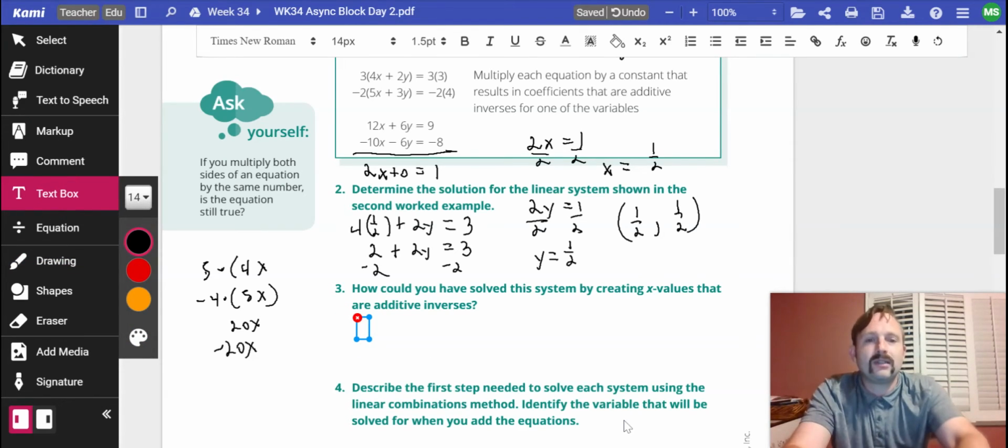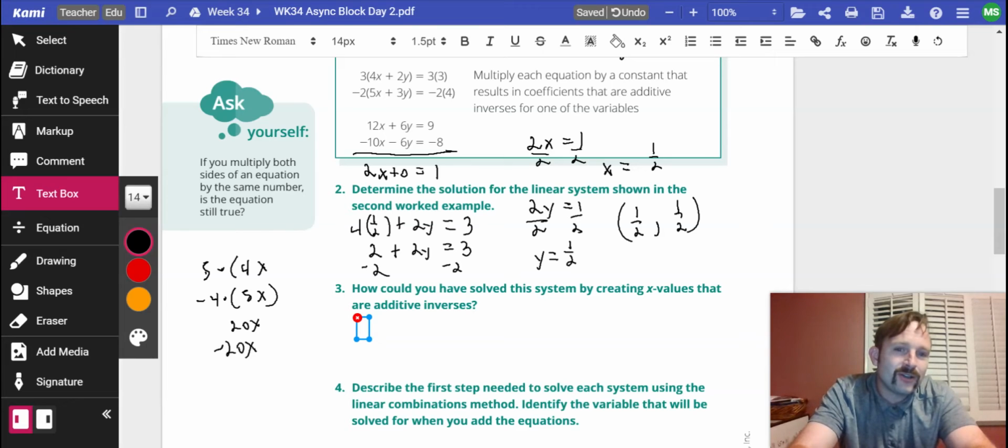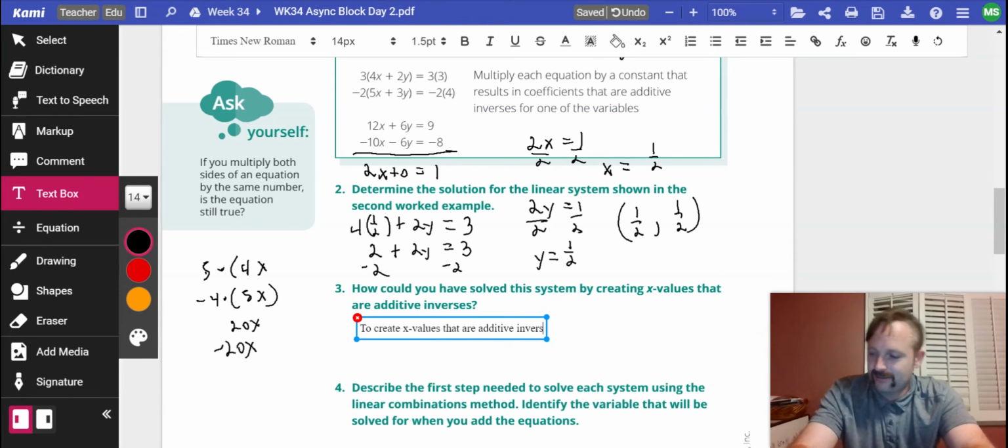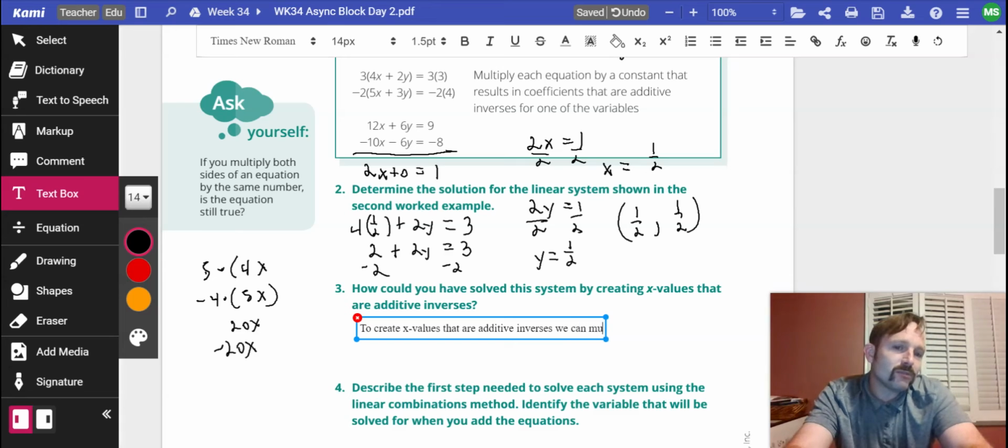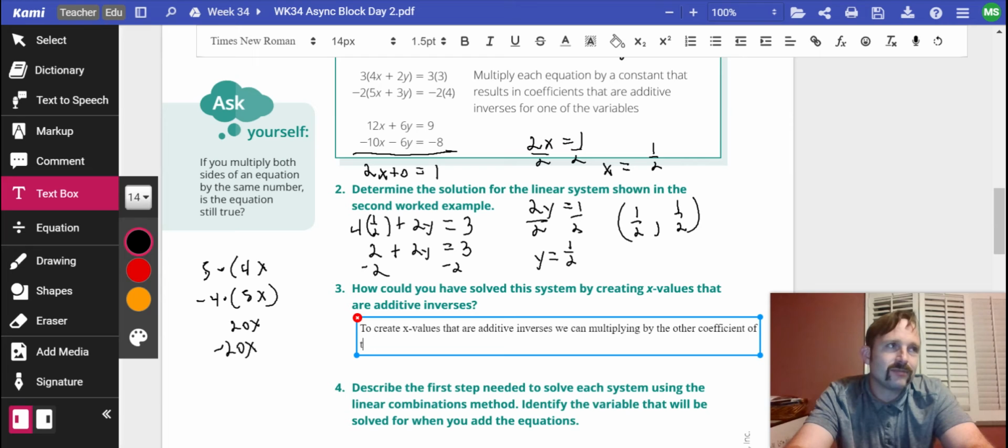So to create x values that are additive inverses, we can multiply by the other coefficient of the x value.